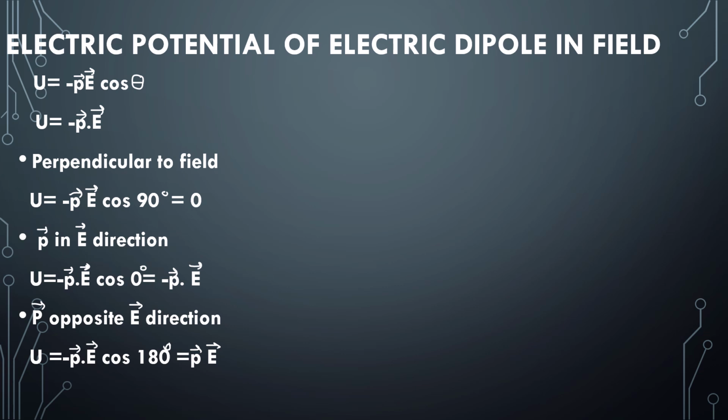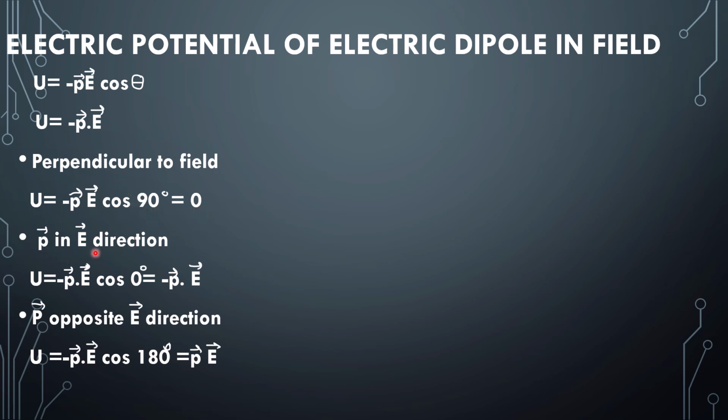The last topic we need to study is the potential energy of an electric dipole in a field. The formula for which is U equals minus P E cos theta, or minus P dot E, that is the dot product of minus P and E. The first case is when it is perpendicular to the field, that is theta is equal to 90 degrees, so it is 0.